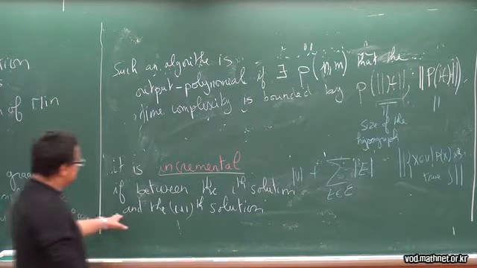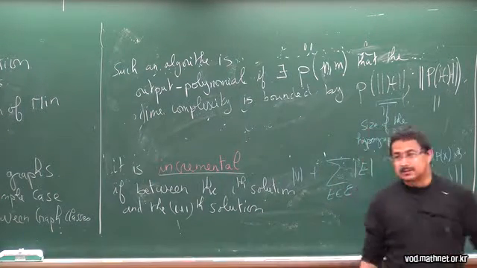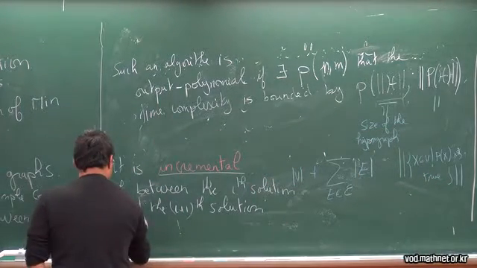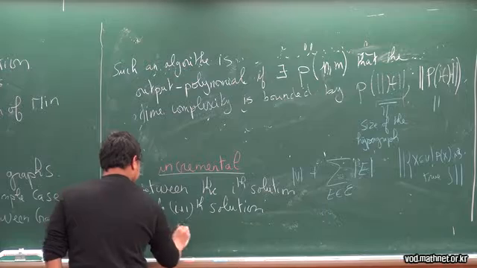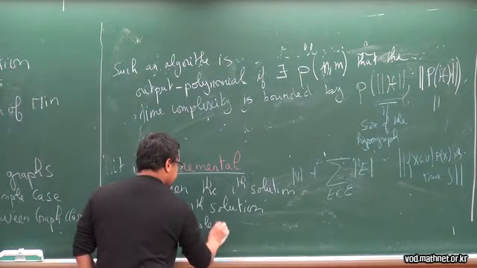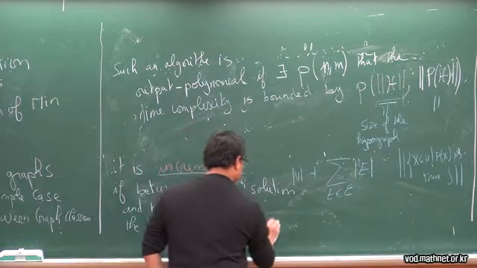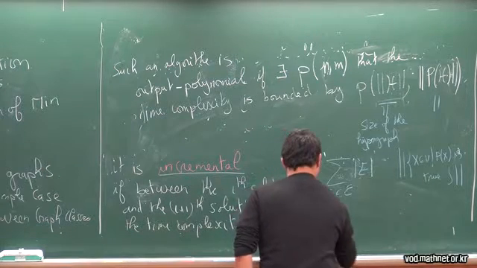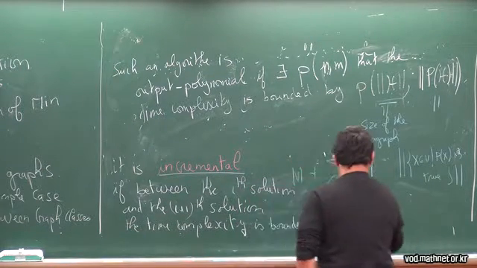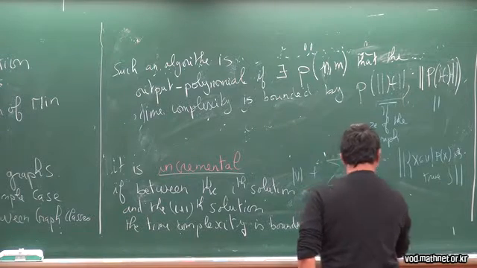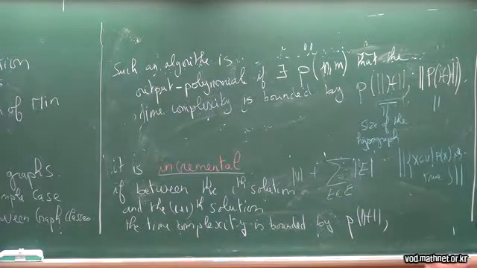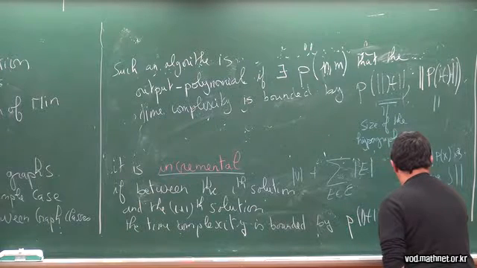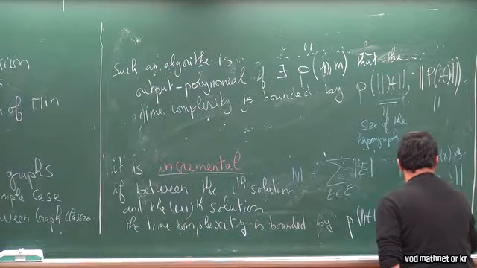Okay, so if between the i-th solution and the (i+1)-th solution, the time complexity is bounded by a polynomial of the size of H, and also the size of the i first solutions.